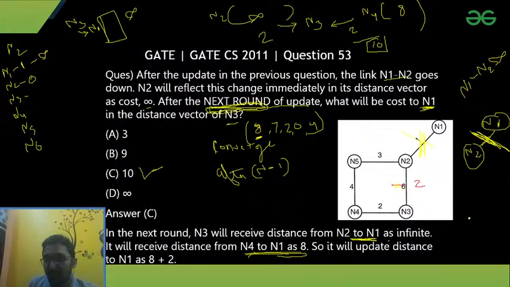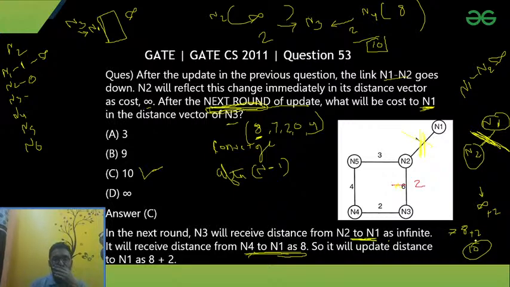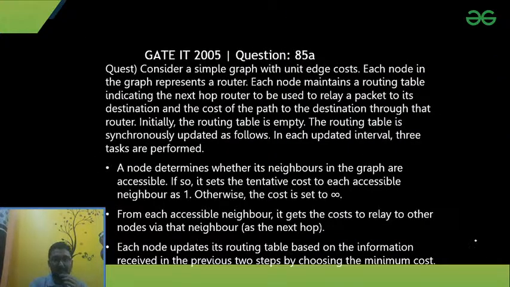So N3 will receive 8 from N4, and from the other side N2 instantly knows because it is the immediate neighbor of N1. So on one side it will receive 8 and on the other side it will receive infinite. Their distances are 2, so it will try to minimize the distance, and 8 plus 2, 10, will be the answer. So that was the solution for this question.